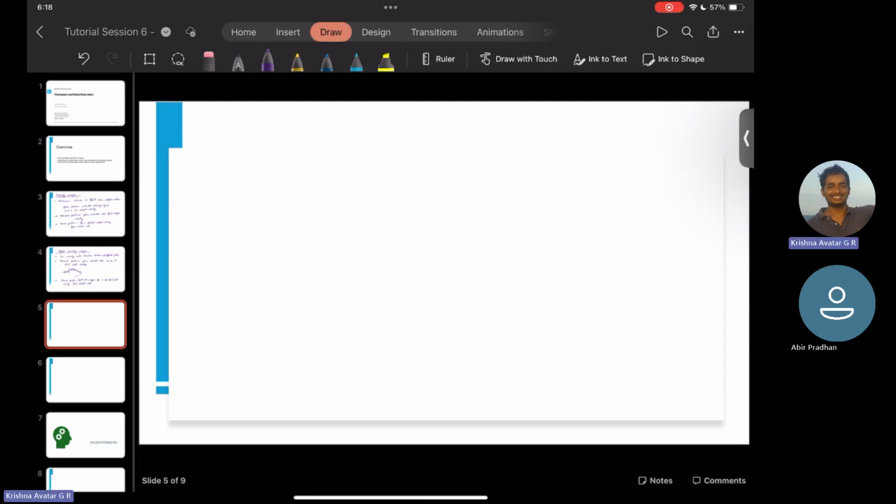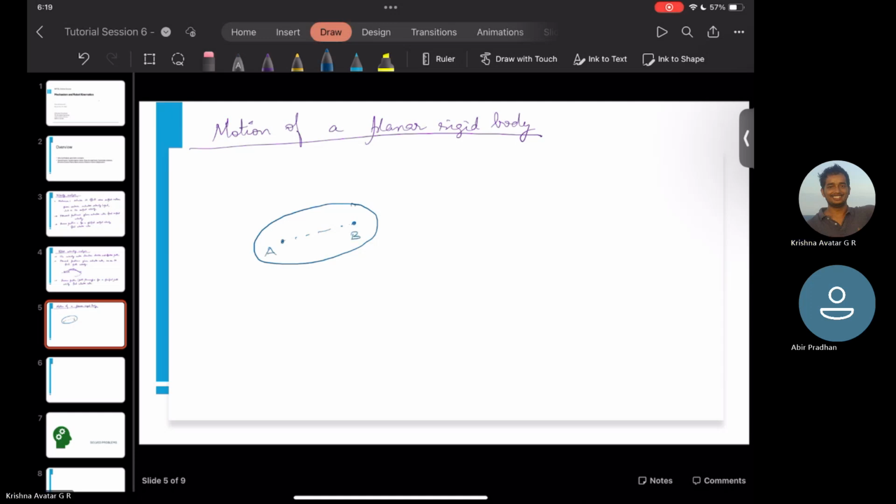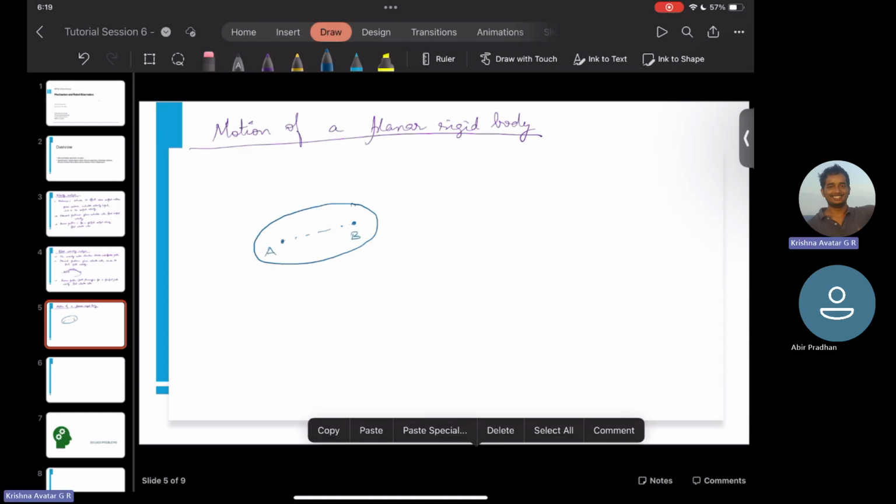Now, in today's session, we start with the motion of a planar rigid body. Say we have some planar rigid body, and we have two points, A and B, with individual velocities.